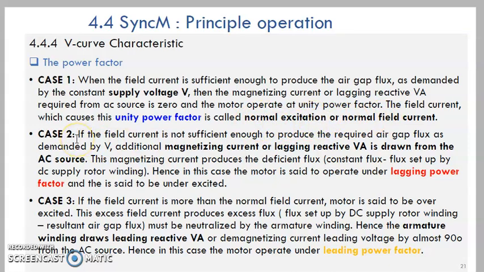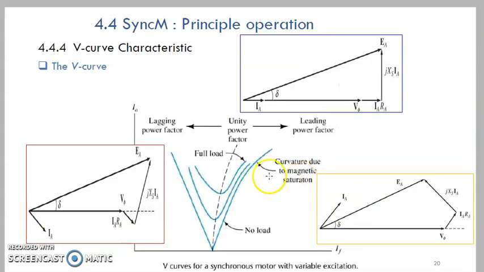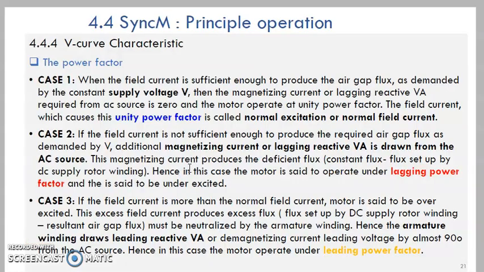But at lagging power factor, it means that Q is absorbed from the source. The field current is not sufficient enough to produce the required air gap flux as demanded by the source voltage, the phase voltage.